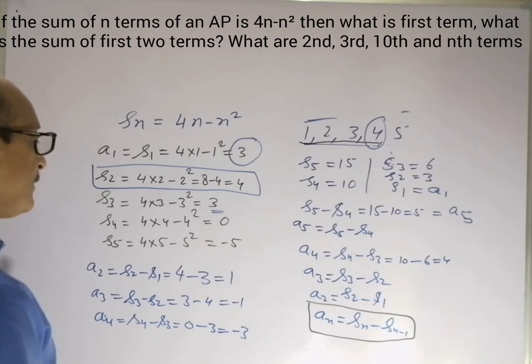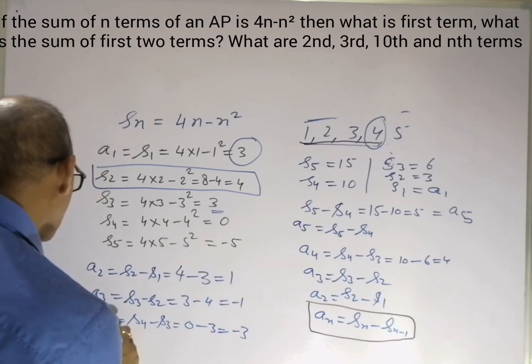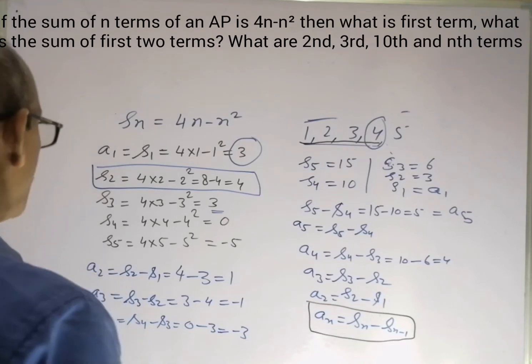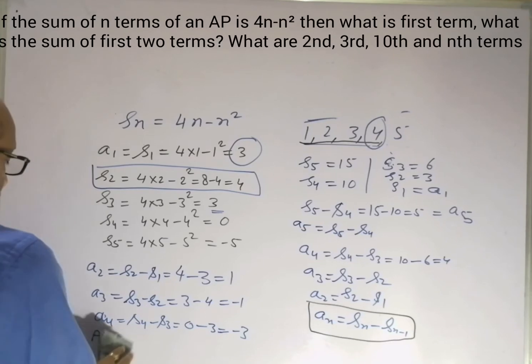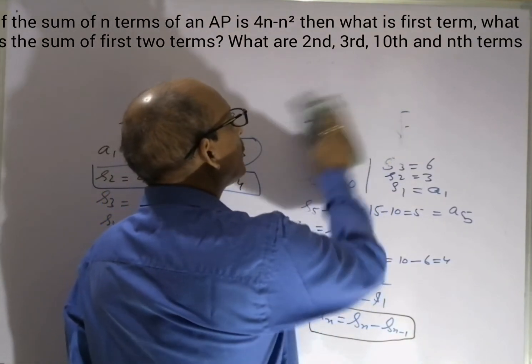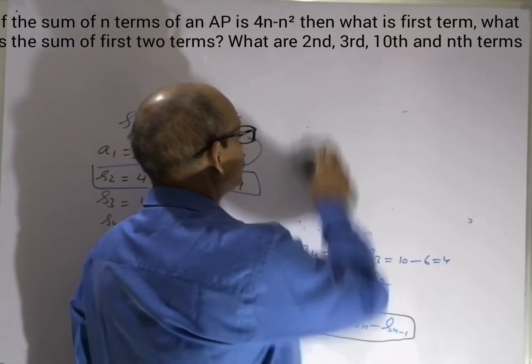AP, how AP will be developed, we can see. First term is 3. Or sometimes we need to prove it also. So let's see it. I am going to remove this part and you can reverse the video to get it done and seen.